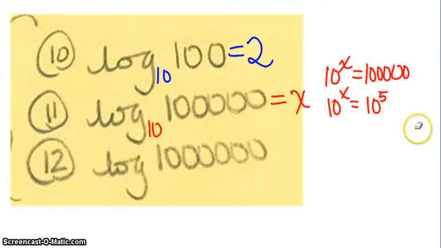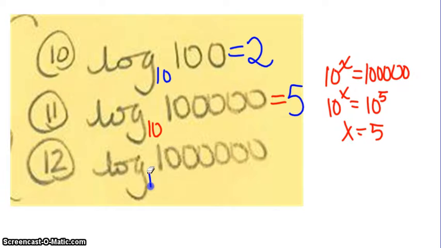So that's 10 to the 5th. Bases are the same, so my exponents must also be the same. So that would mean that log base 10 of 100,000 is equal to 5.